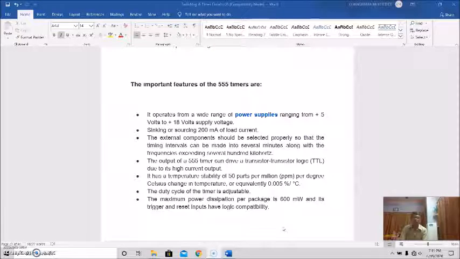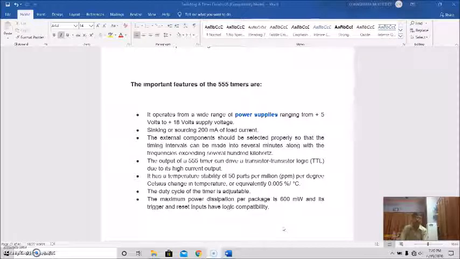The output of a 555 timer can drive transistor-transistor logic (TTL) due to its high current output. It has a temperature stability of 50 parts per million, 50 ppm per degree Celsius change in temperature, or equivalently you can say 0.005% per degree Celsius.